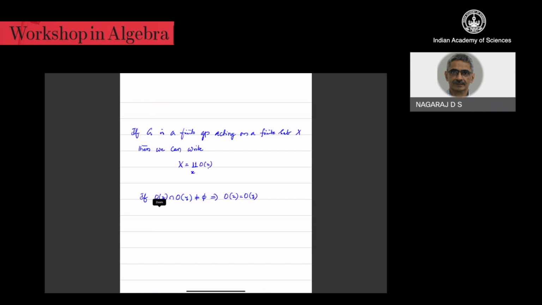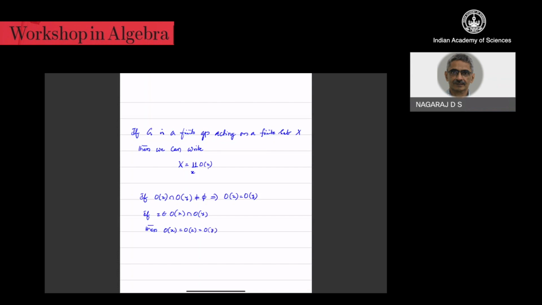So if z is in the intersection, meaning z is in O_x and also in O_y, then O_x equals O_z and also equals O_y.